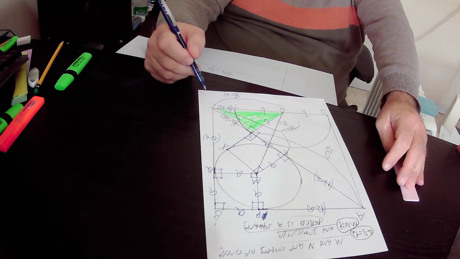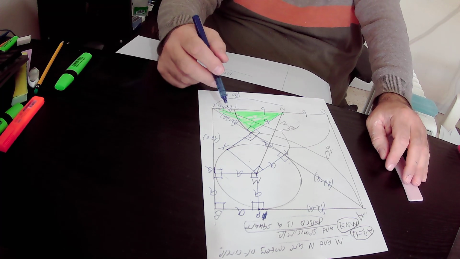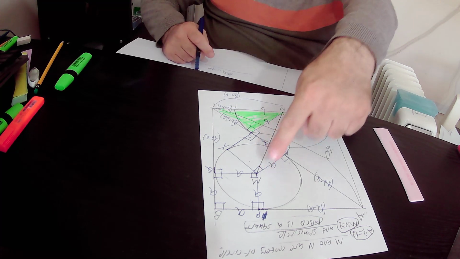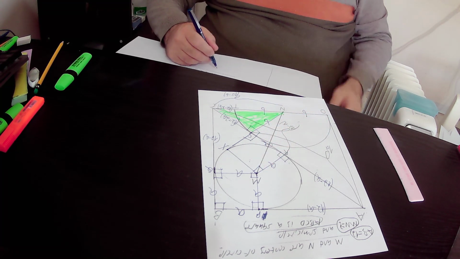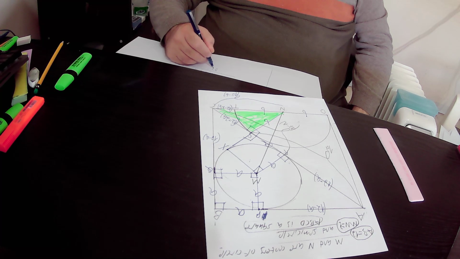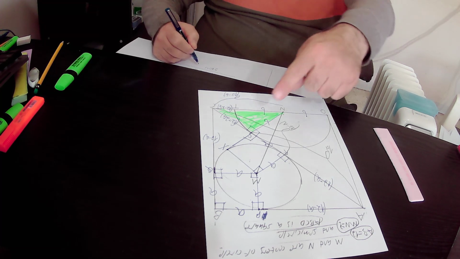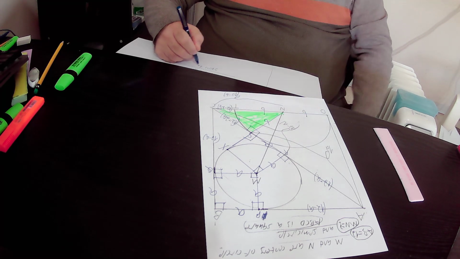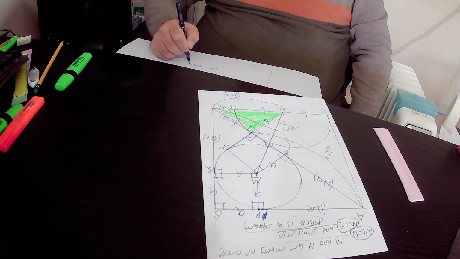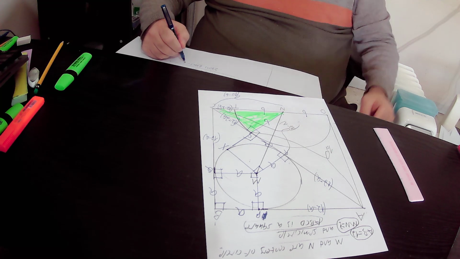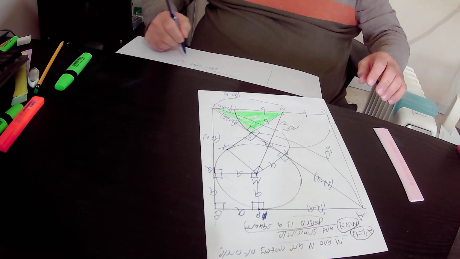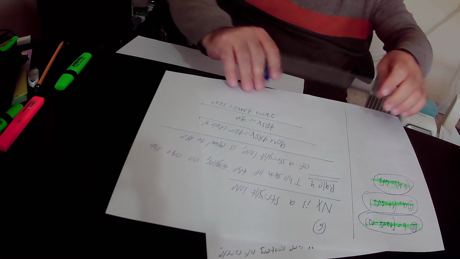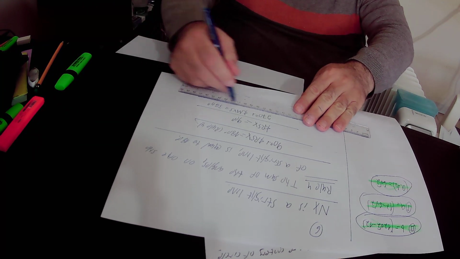Okay, so we found out that in quadrilateral RMSX we have 3 right angles: 1, 2, 3. The sum of 3 right angles is 270 degrees, plus the size of the fourth angle, angle MXS. In total, the sum of those 4 angles must be equal to 360 degrees, according to the rule that the sum of the angles in any quadrilateral is equal to 360 degrees.